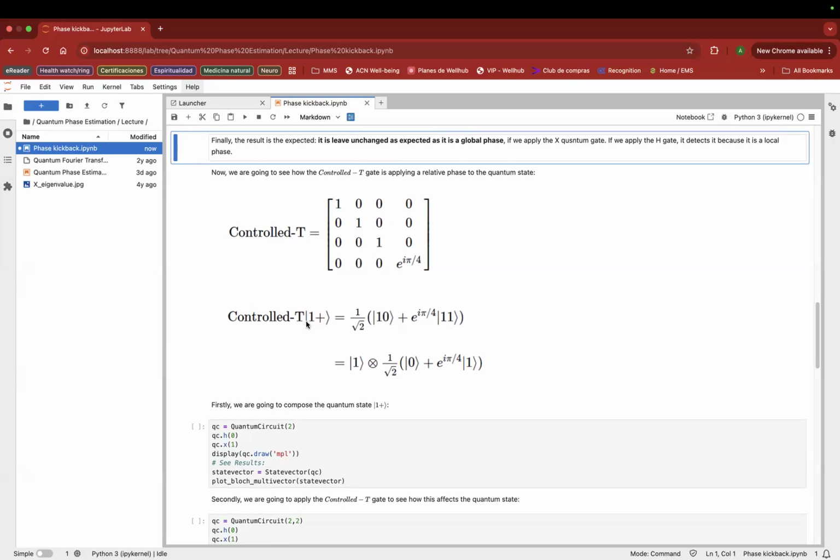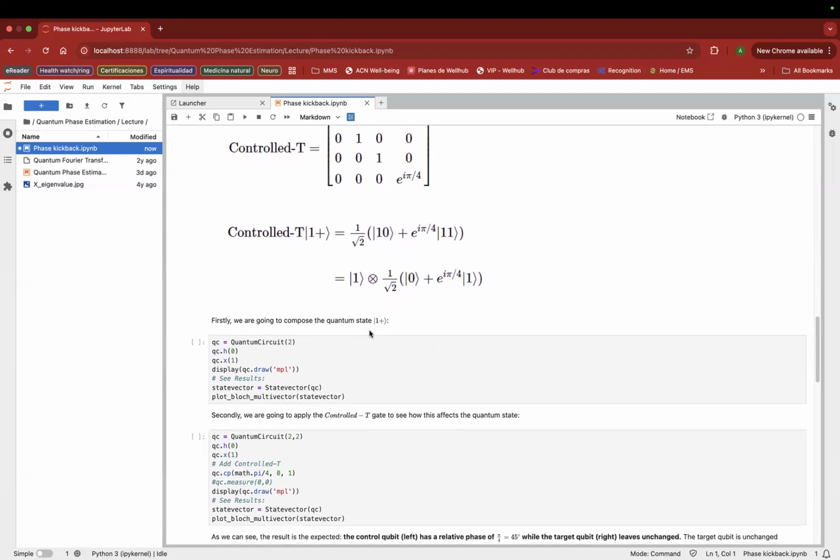We apply the control T gate, and what we see is that when we apply the control T gate over a target and a control qubit, the target qubit is left unchanged while the control qubit is changed.